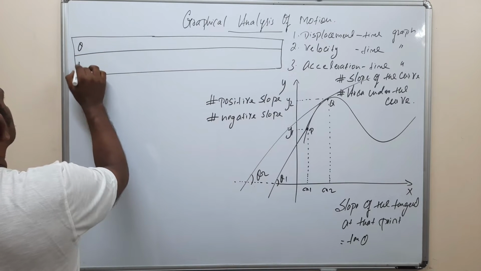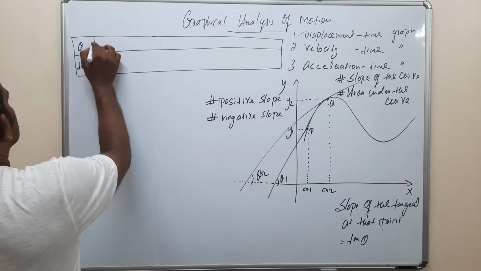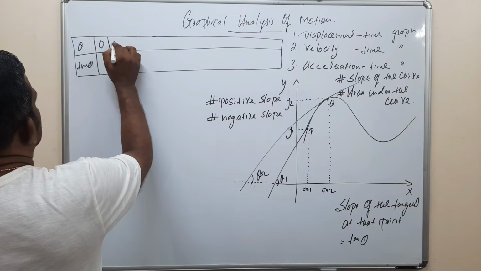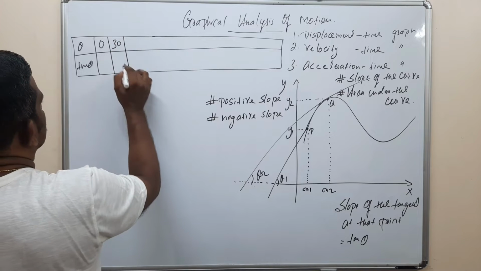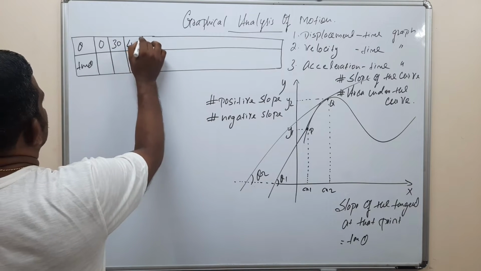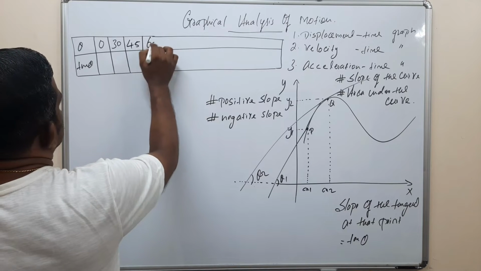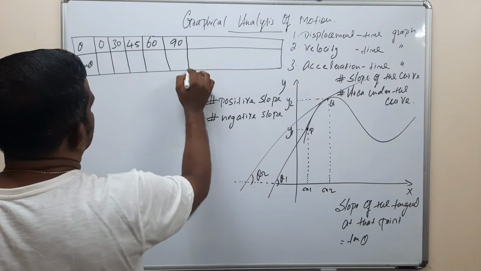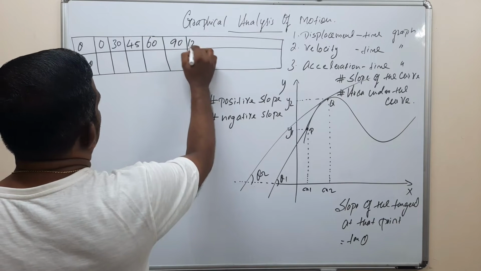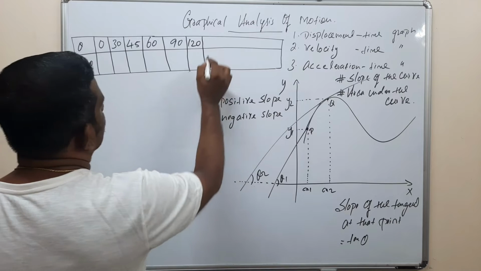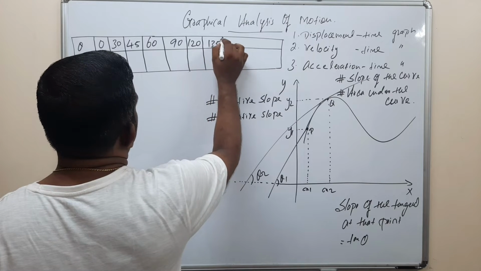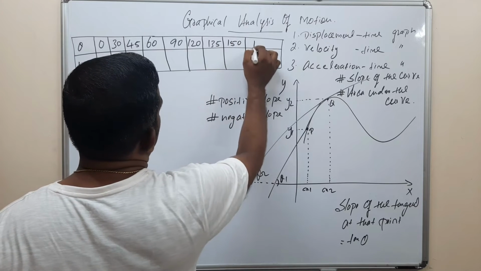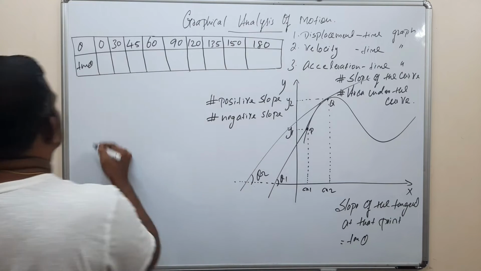So theta, tan theta: 0, 30, 45, 60, 90, 120, 135, 150 and 180.